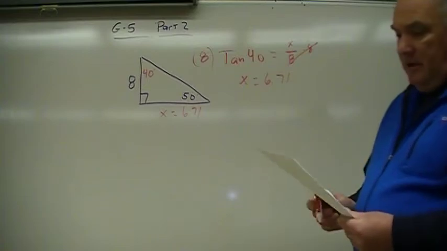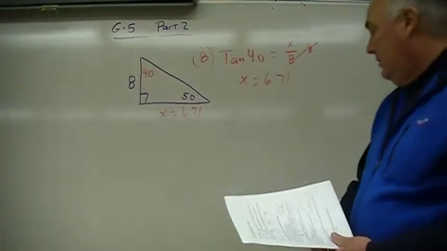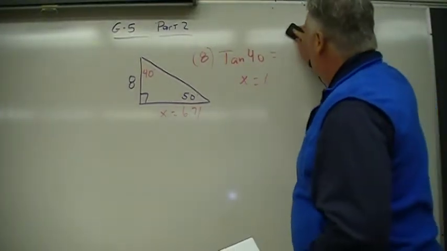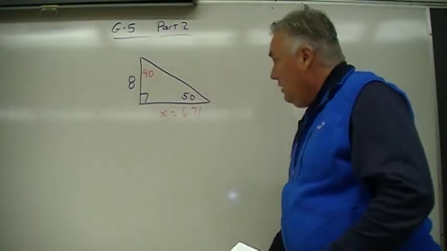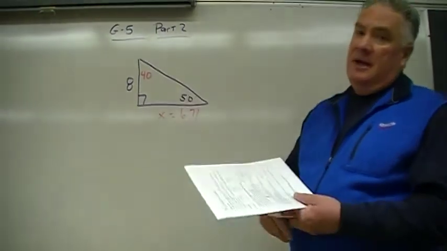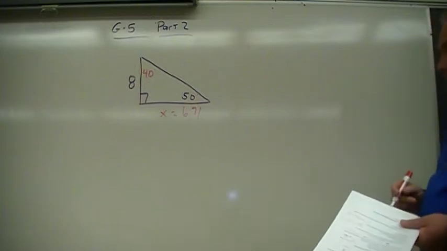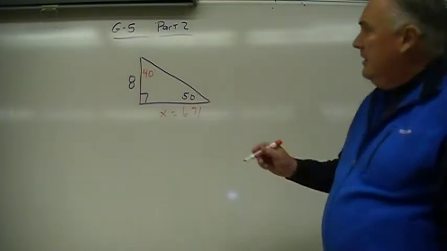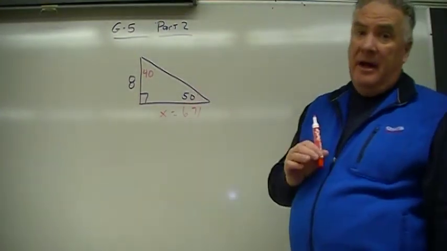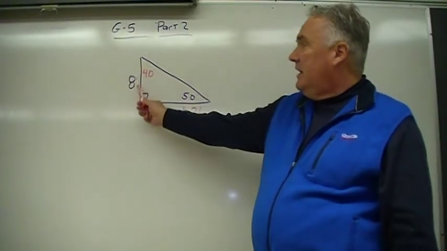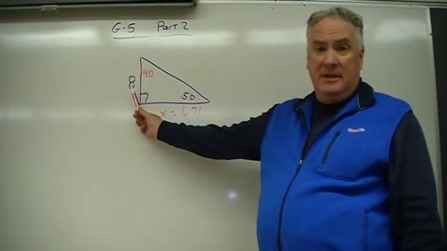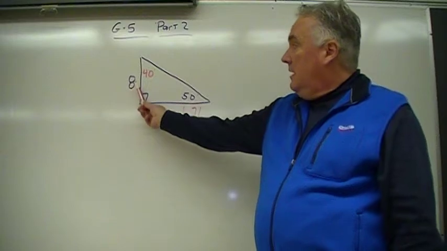Okay, so now the question is, let's find the hypotenuse. You can choose either angle as your reference angle. It doesn't matter. I'll tell you my thinking. I usually take the side that we know that's a nice easy number, which is 8, and I use that.